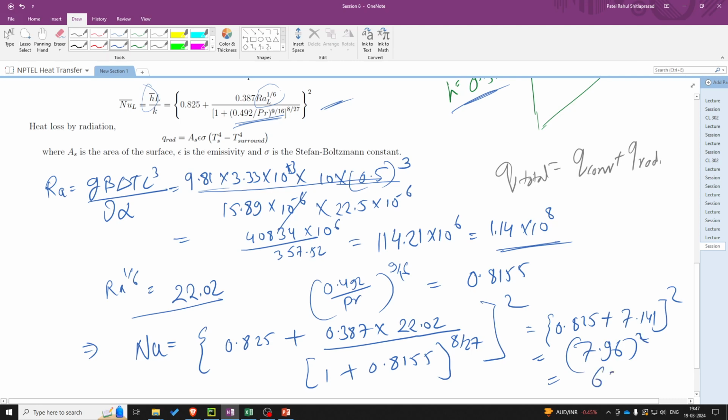So it comes around 63.46. So Nusselt's number for the given system is around 63.46.